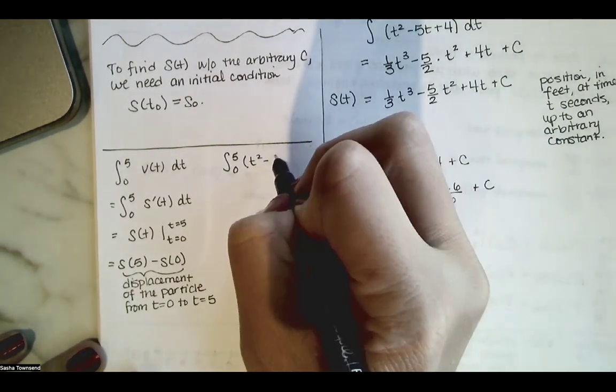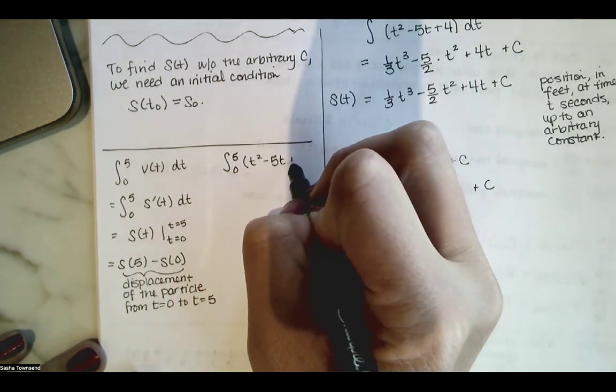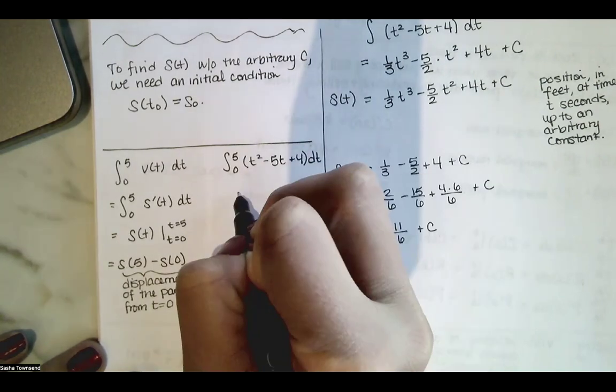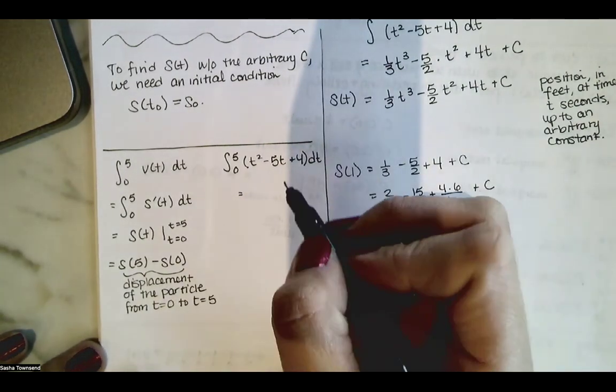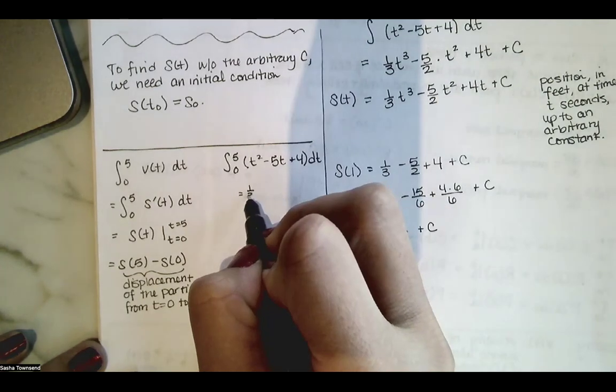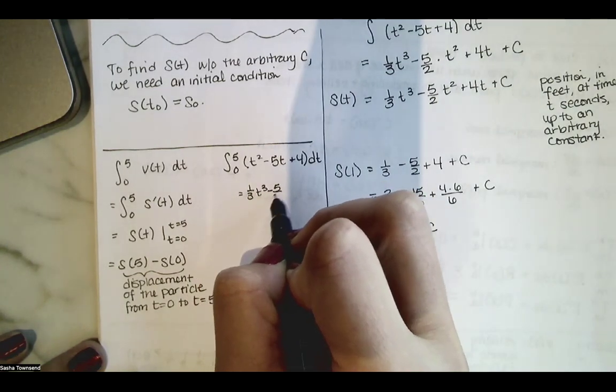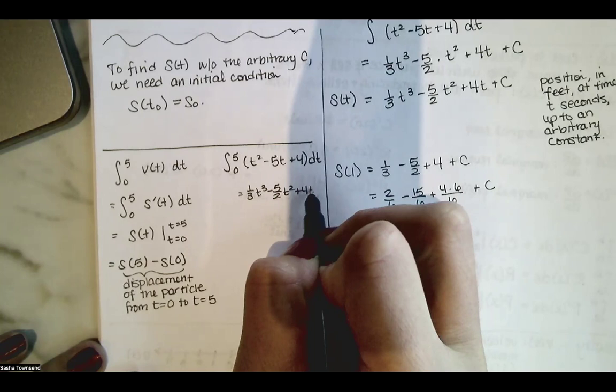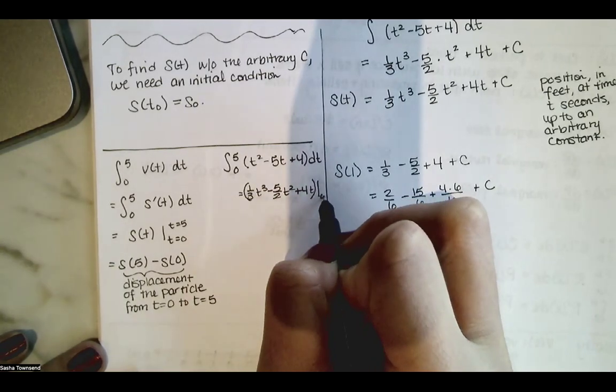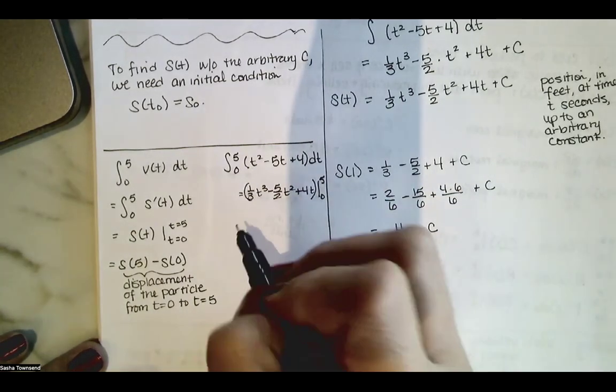So our function v of t was t squared minus 5t plus 4. We're going to compute the antiderivative, which we've already done. We've got 1/3 t cubed minus 5/2 t squared plus 4t. We'll evaluate at 0 and evaluate at 5 and subtract.